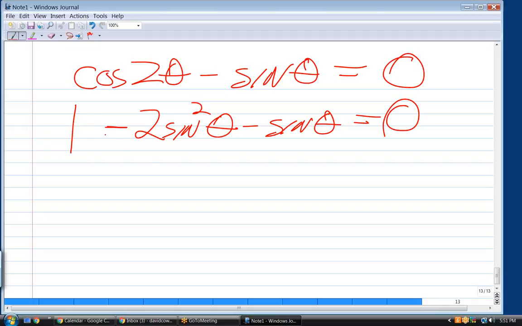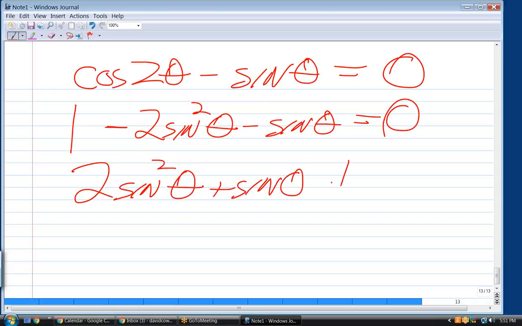Let's move everything to the right side so that we have positive signs. So it becomes this, plus sine theta, and plus 1 equals 0. I guess all I did was divide everything by minus 1 just then.